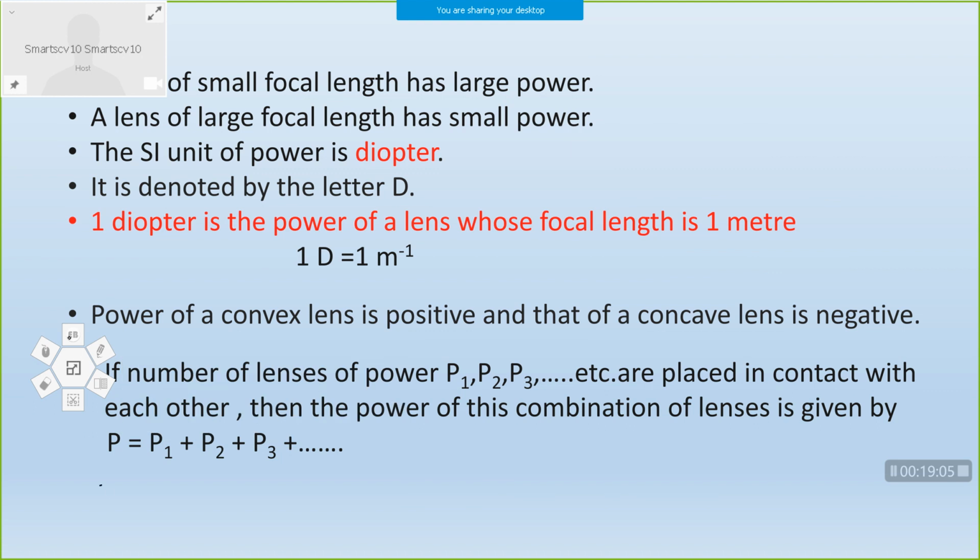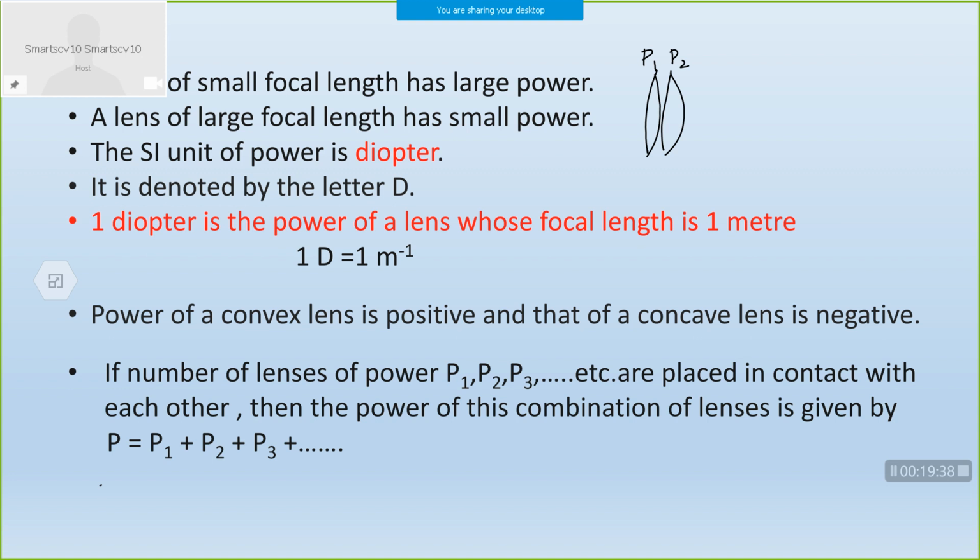Then if a number of lenses are combined together, what will be the effective power? Suppose we have two convex lenses, and suppose their individual powers are P1 and P2. It can be two convex lenses, two concave lenses, or a convex lens and a concave lens, any combination you can take.